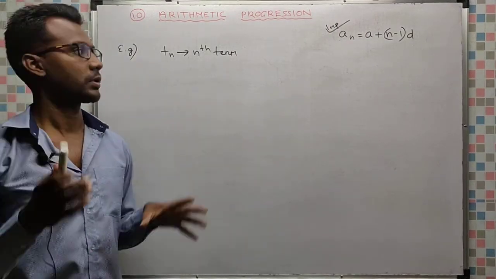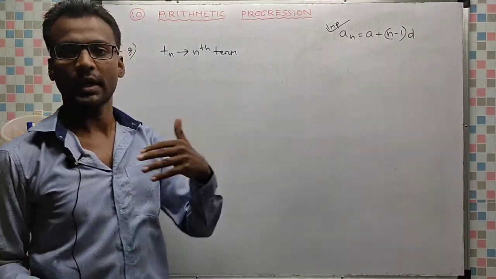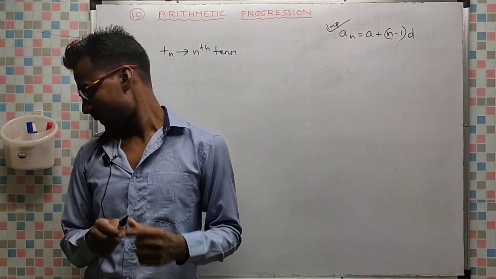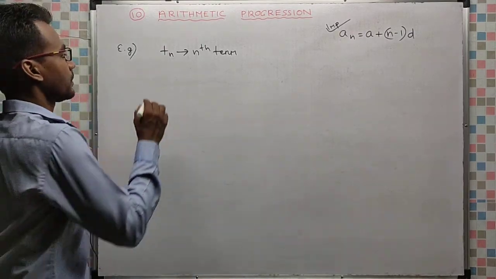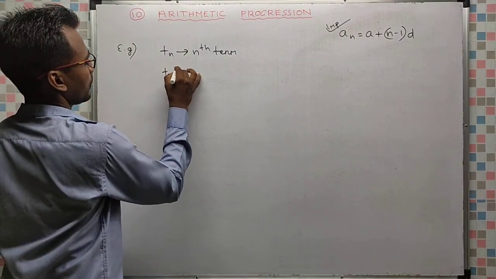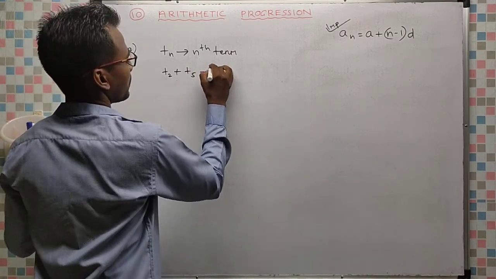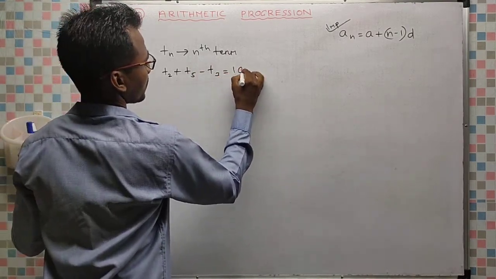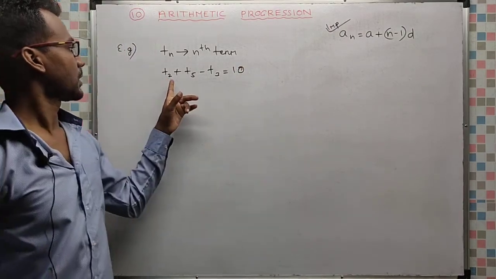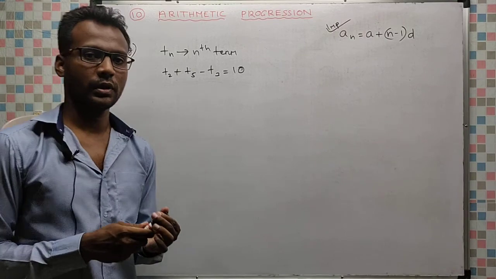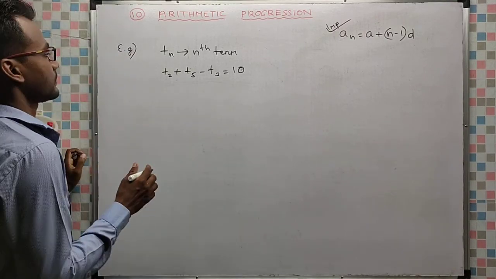In some books we will get An, in some books we will get Tn. It is given T2 plus T5 minus T3 is 10. T2 plus T5 minus T3 is equal to 10. Let us simplify this first.